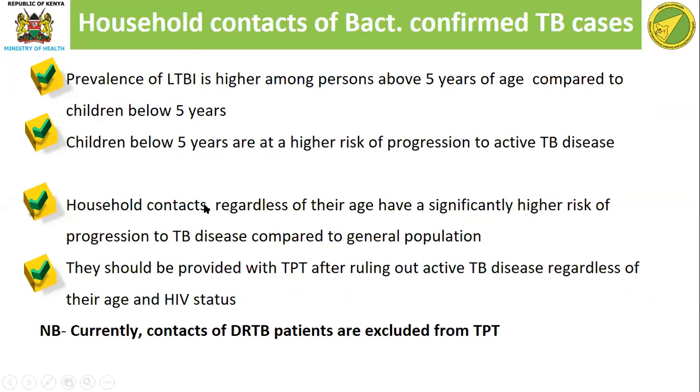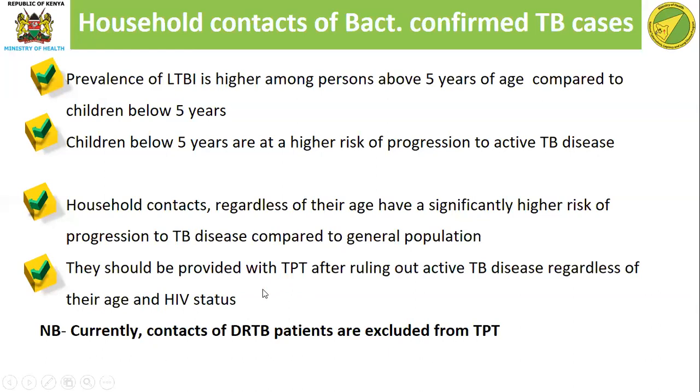So household contacts, regardless of their age, have a significantly higher risk of progression to TB as compared to the general population. They should be offered TPT after ruling out any signs and symptoms of active TB, regardless of the HIV status and regardless of their age.